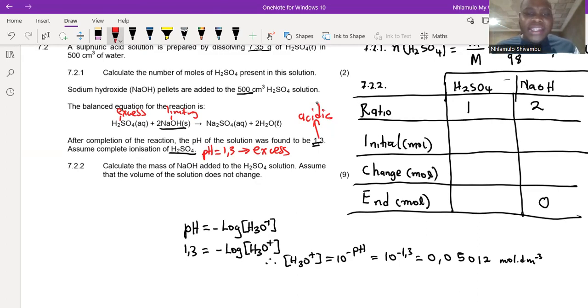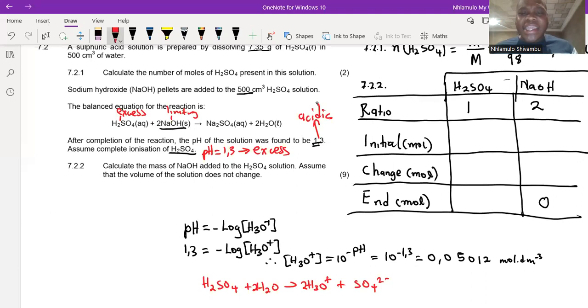What we know, learners, is that sulfuric acid, when it reacts with water, because sulfuric acid is a strong acid, is going to ionize almost completely to produce 2 hydroniums and SO4 2 minus. This is the reaction of complete ionization of sulfuric acid.